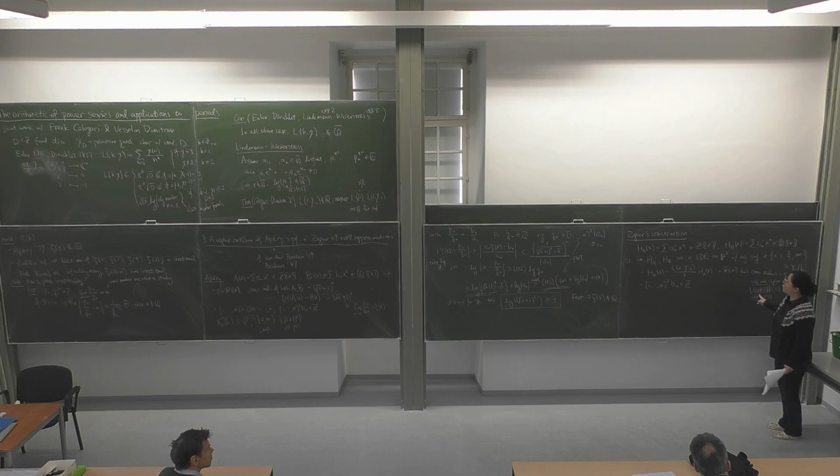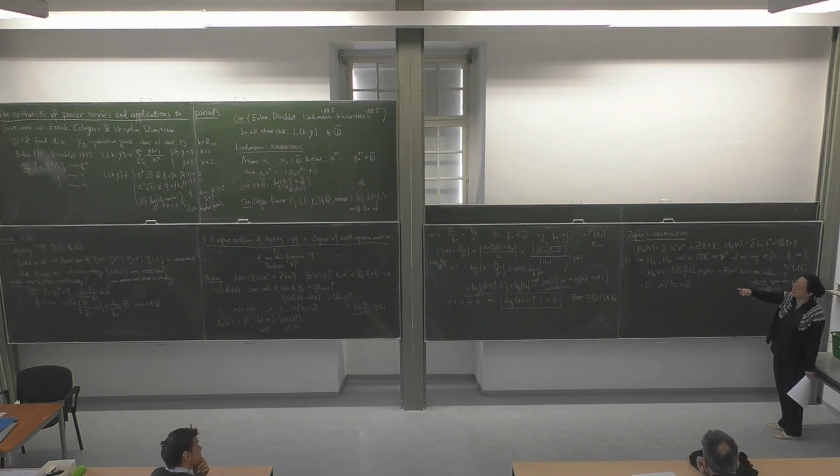In her work, she worked out all the families. Also in Zagier's paper, there's more than this family of rational approximations.